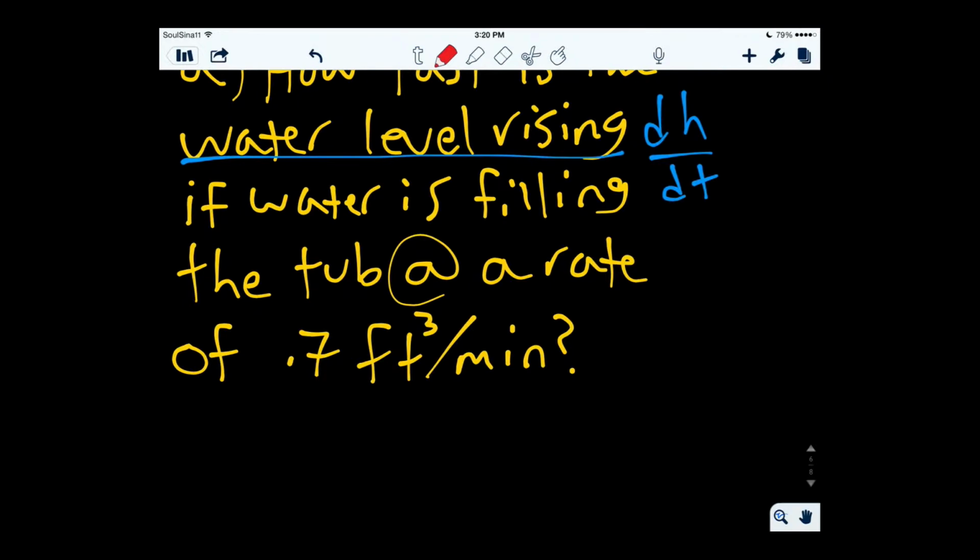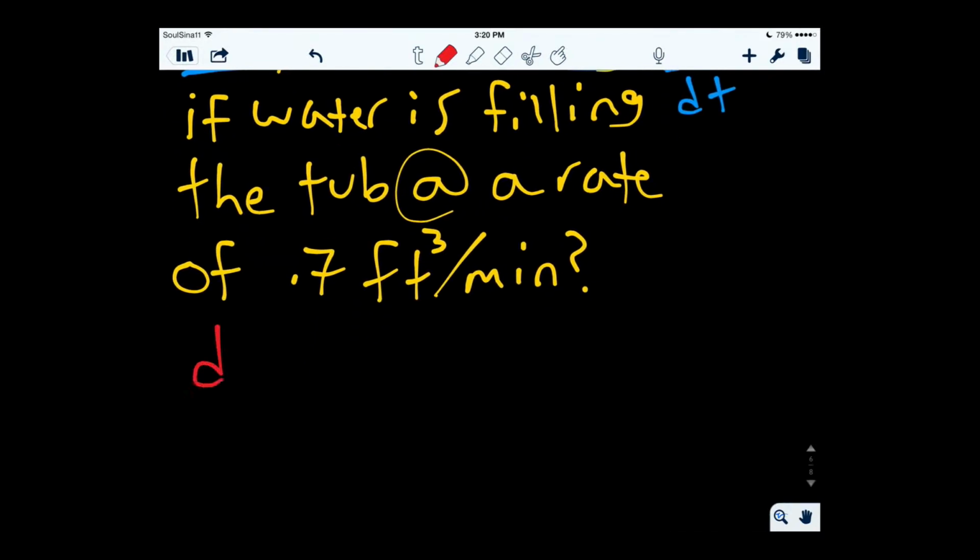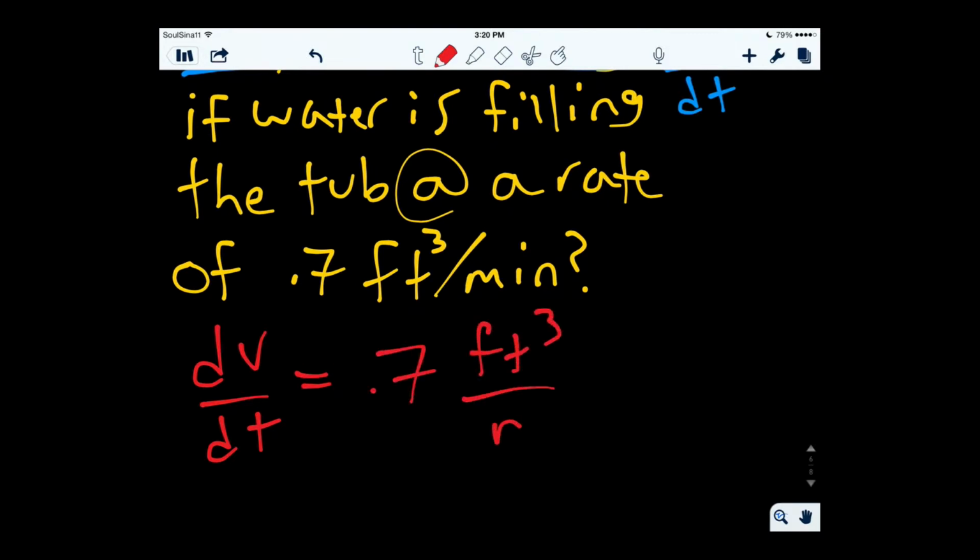We also know this is dynamic because we're told the water fills the tub at this rate. Because this is cubic feet, this has to be the rate at which volume is being filled with respect to time. So we could write dV/dt equals 0.7 feet cubed per minute.